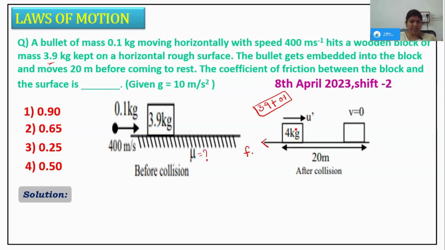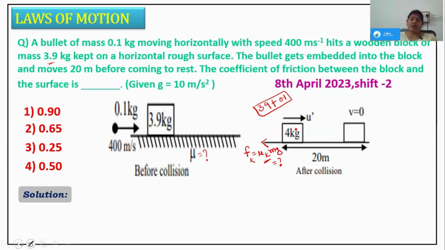So due to this retarding force, it comes to rest. So what type of friction is it? The body is in motion, so kinetic friction, that is mu k into mg. This mu k is what we are going to calculate, right? So this is the explanation of the question.